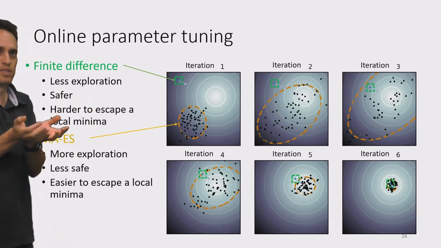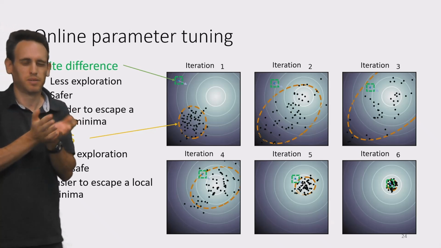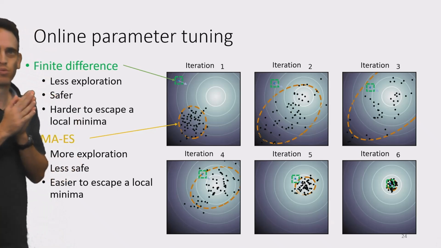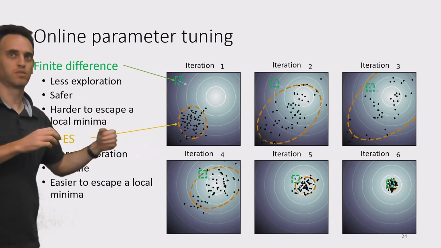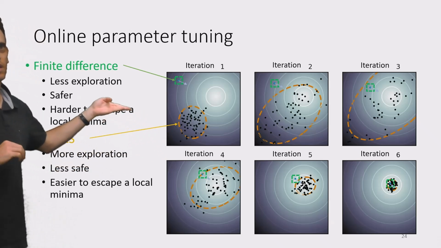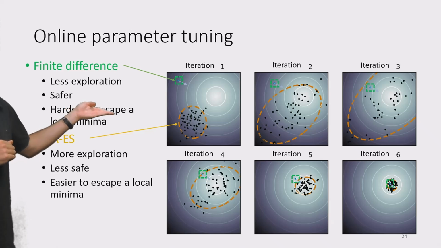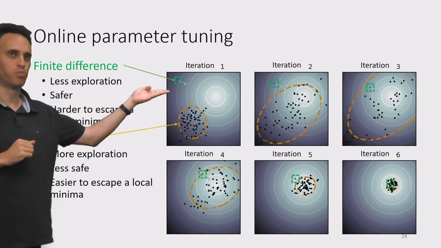And we'll use these samples in order to approximate the gradient around our current point. This is considered an approach that performs less exploration compared to CMA-ES, which tends to spread out. However, it's considered safer. Specifically, it will perform more stably.